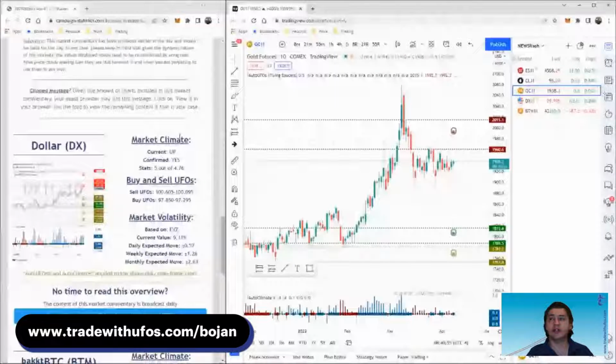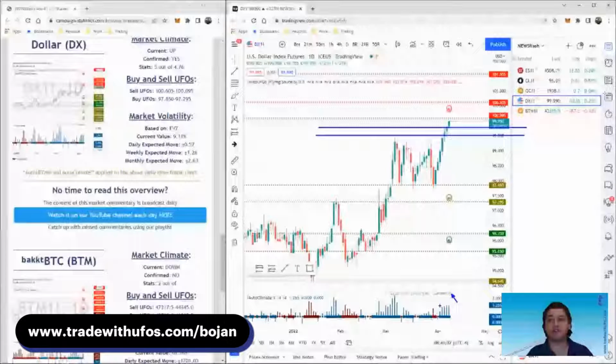All right, the next one is the dollar, and look at that. We were talking about this for several days now. The first UFO that was here has been taken out. Our market climate is confirmed. The nearest sell UFO is at 100.